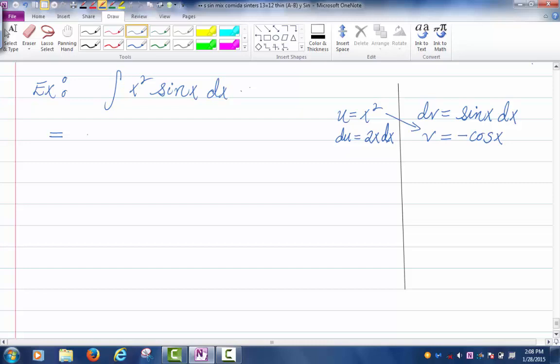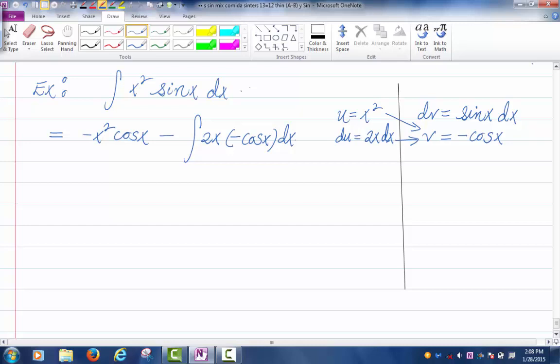So that is what? U times v is what? Negative x squared cosine x, right? And then minus integral of what? v du, right? So what is v du? v du is 2x times negative cosine x dx. You agree with that?